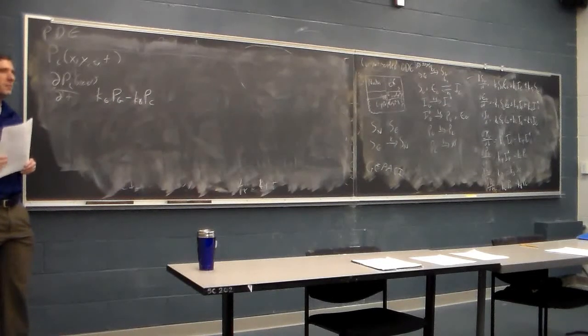So how do you describe diffusion in a differential equation system? When we looked at models of pure chemical diffusion, what did the partial differential equations look like for that?